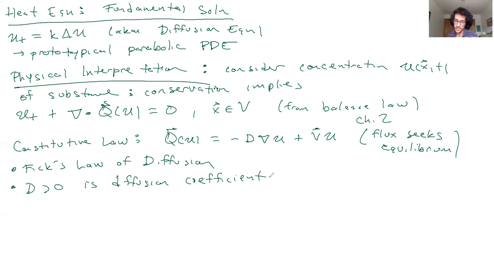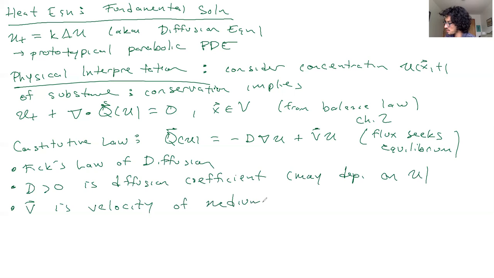Sometimes we call this K, sometimes we call it D, and it may depend on u. We can handle some cases of that. And v is going to be the velocity of our medium here, although we don't deal much with advection diffusion in the next little bit.